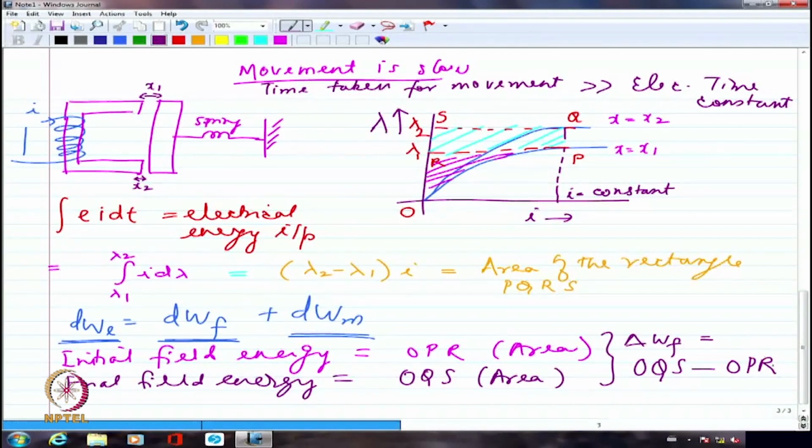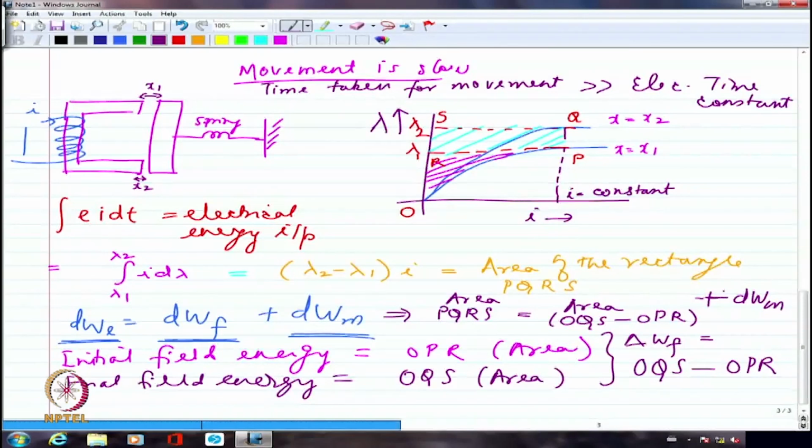These two areas, whatever their difference, is going to be my difference in the field energy. So I can say area of PQRS equals area OQS minus OPR plus dWm, which is the mechanical energy.